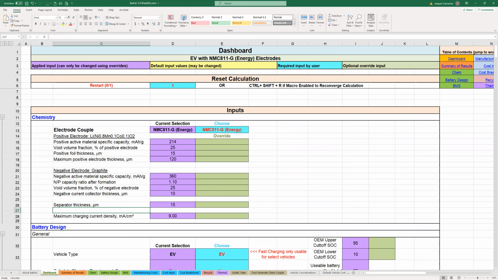So we can get a starting point from the fact that the Rivian standard battery claims to be 260 miles with 135 kilowatt hours.